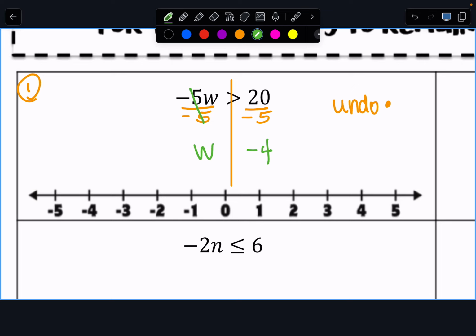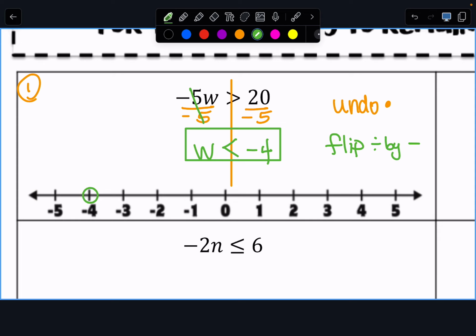Okay, since we divided by a negative, that means this inequality sign has to flip in order for our inequality to remain true. We divided by a negative, so we have to flip our inequality sign. Okay, so I see some of you already starting to graph it. Open or closed circle? Open circle at -4.